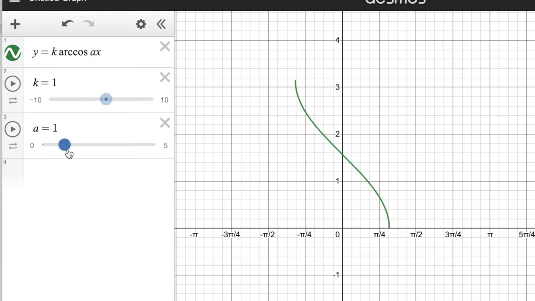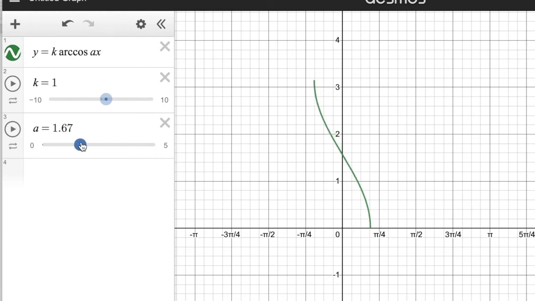I'm going to make my a bigger number, and we are going to see the dilation, the horizontal dilation, come in towards 0. So let's have a look at that. There you go. So it's coming closer and closer to the y-axis. It's shrinking it horizontally. Not stretching it out, actually shrinking it. The bigger the a is, the skinnier my curve is.